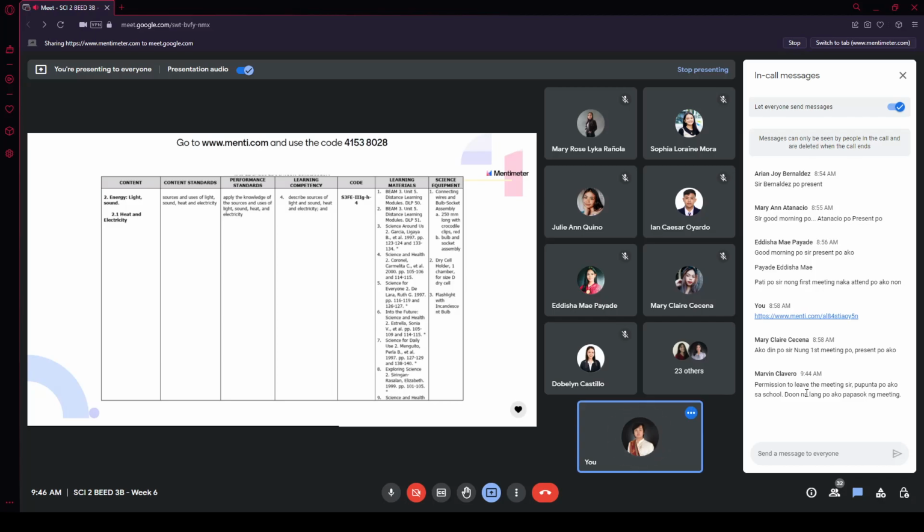So again, you can give out another question. So does that mean the light comes from the flashlight or the battery? So you can let the students think of their answer, right?